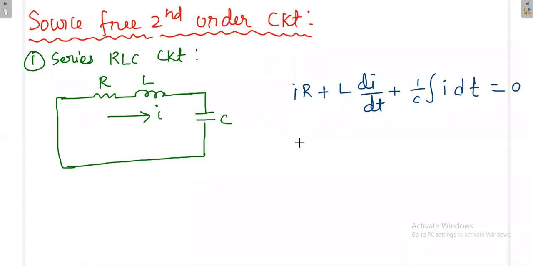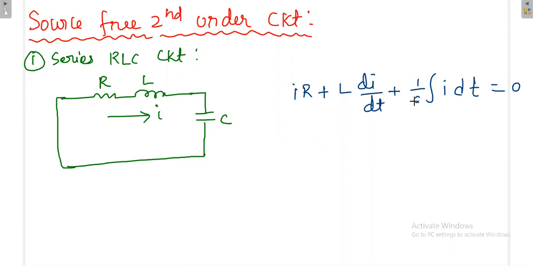We always try to get the equation in terms of a differential equation, because this equation consists of both differentiation and integration, and for differential equations we know the solutions; a standard format is there. That's why we convert this equation into a differential equation.